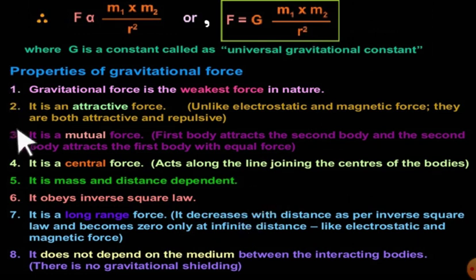Yes, the last point: it does not depend on the medium between the two interacting bodies or interacting masses. If the intervening medium between the two masses is water or vacuum or any other medium, it doesn't depend on that intervening medium.